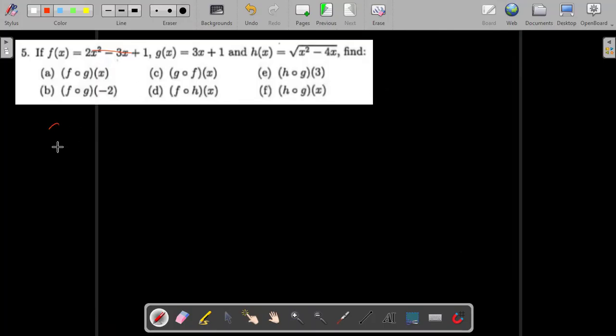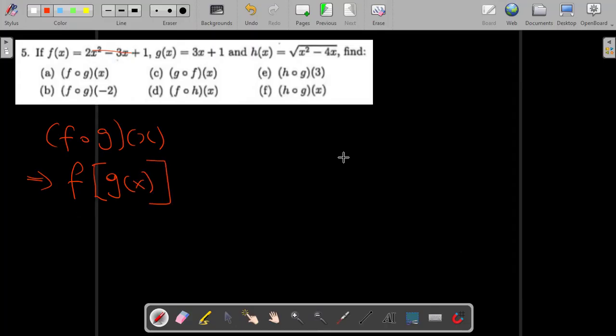The first one, they're telling me to find f of g of x. What this implies is, in the function f of x, where there's x, I will be replacing it with the function g of x. So writing down my function f, it is 2x squared minus 3x plus 1.